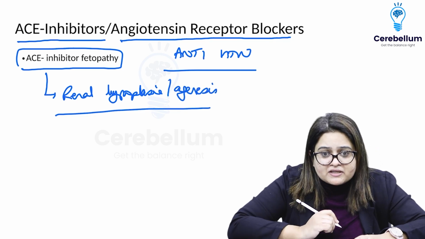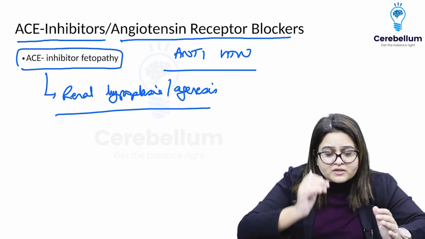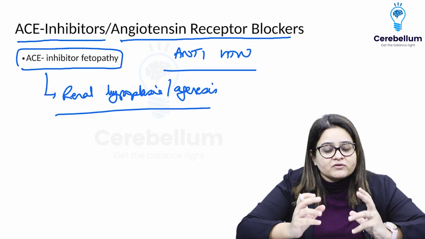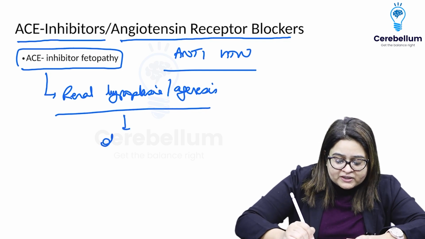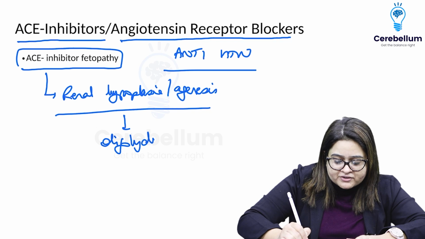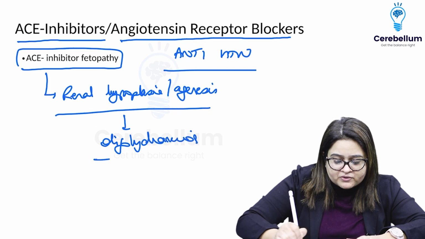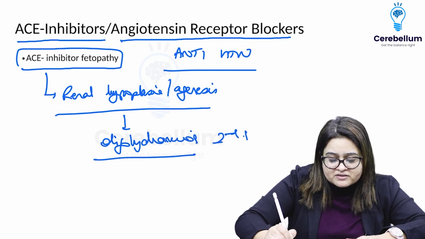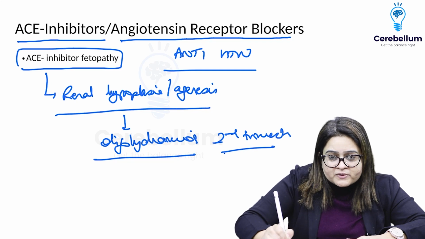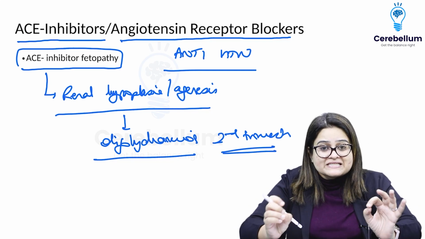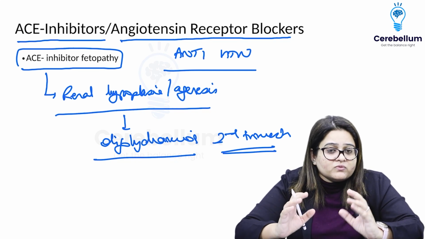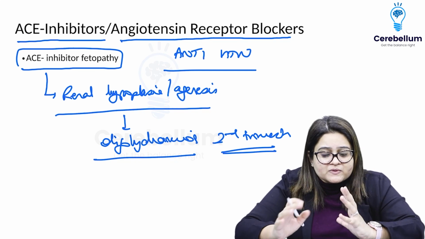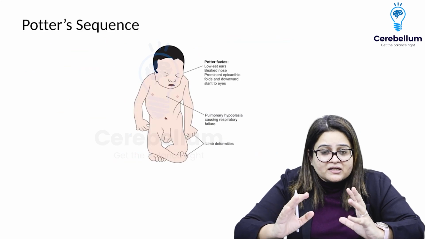So if there's renal hypoplasia or agenesis, what happens is that the kidneys of the baby don't develop and there is early onset oligohydramnios, or if you find oligohydramnios in the second trimester, always think of a fetal renal problem. Okay, and because it occurs so early on, what will happen to the fetus? The fetus will get compressed, okay, and look like this.